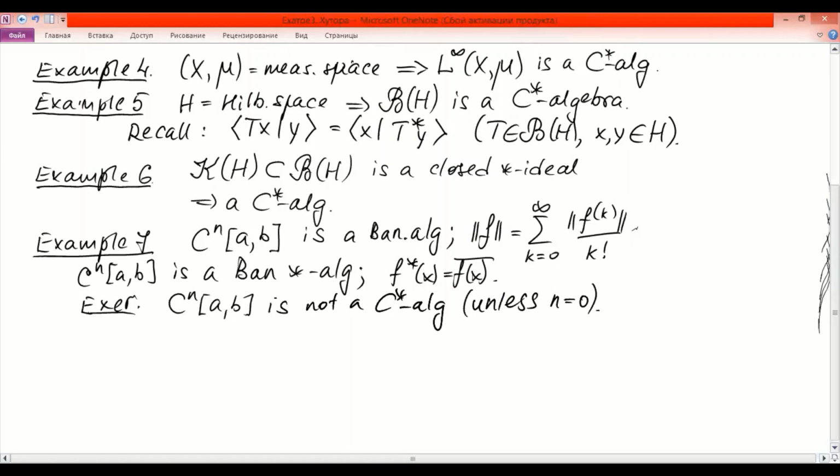Okay, so here are our basic examples. And now let's discuss some properties of C-star algebras.